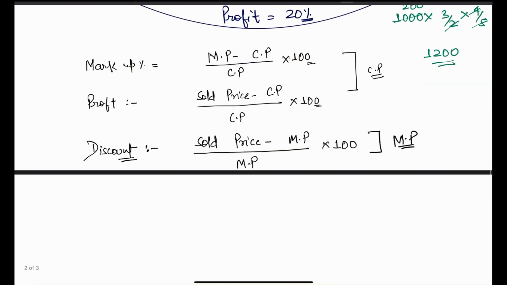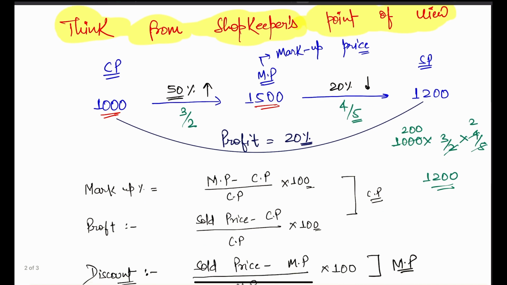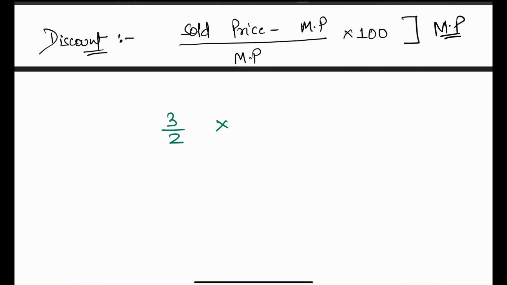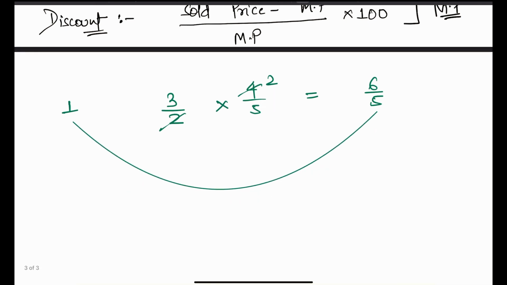So the first multiplying factor was 3 by 2, the second multiplying factor was for 20%, that is 4 by 5. So if I try to find out the value, how much am I getting? 6 by 5. So from 1 it is becoming 6 by 5, and this is nothing but the profit percentage.